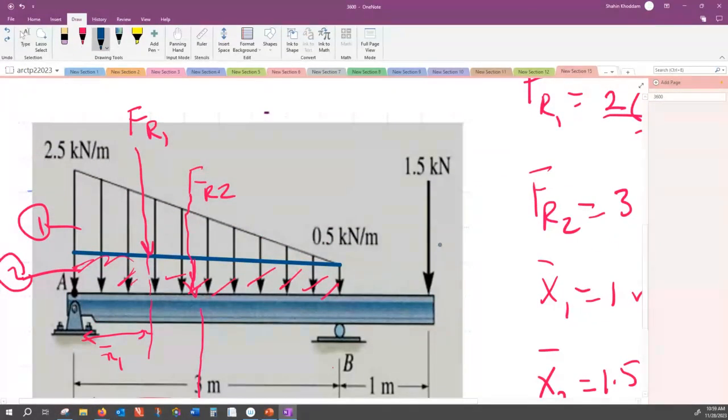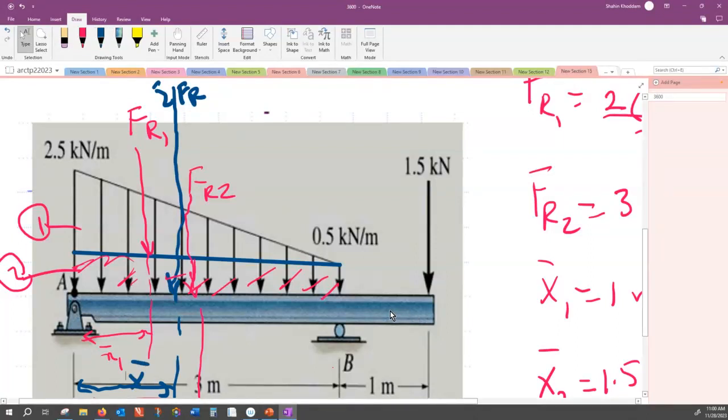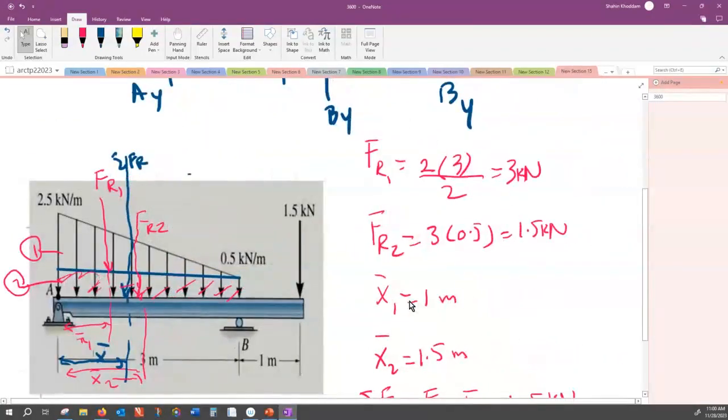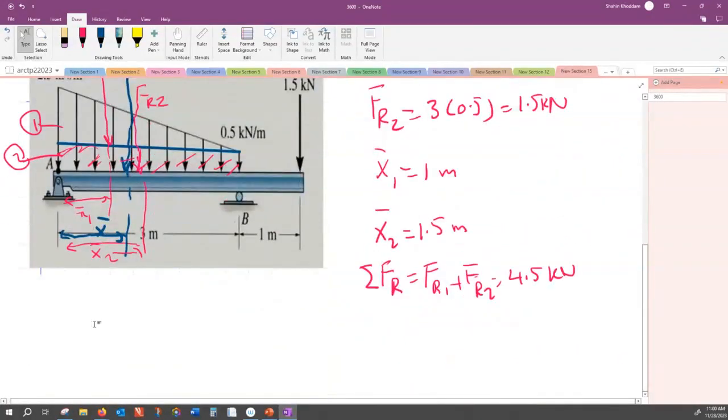So these two forces, I substitute them with one single big load, FR, or sigma FR. That is the sum of the two forces, but that single force has a single line of action. Where should I place this resultant? That I call X bar. Where should I put X bar?